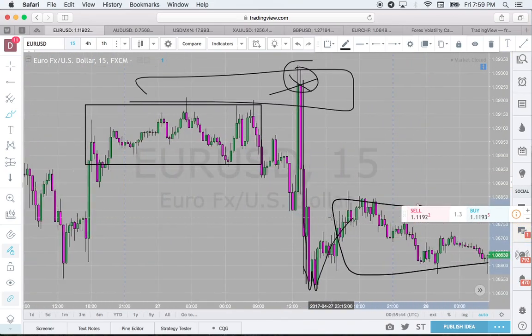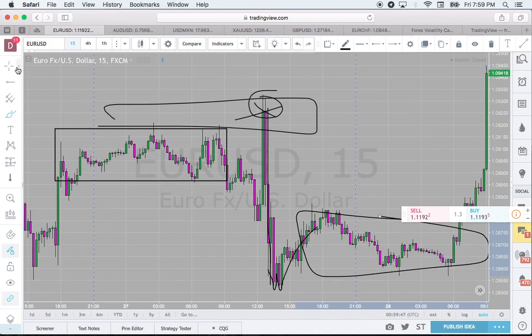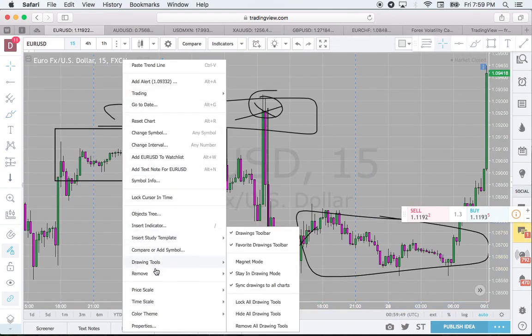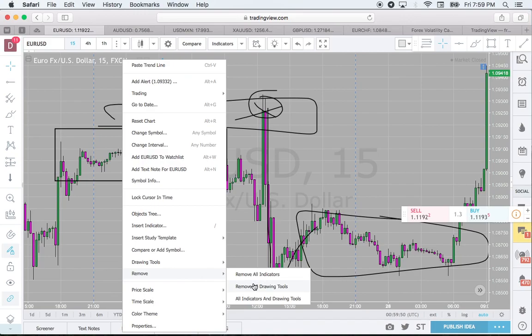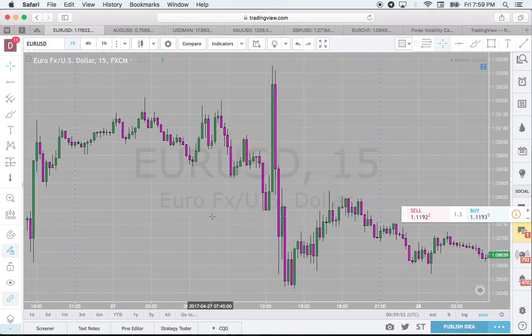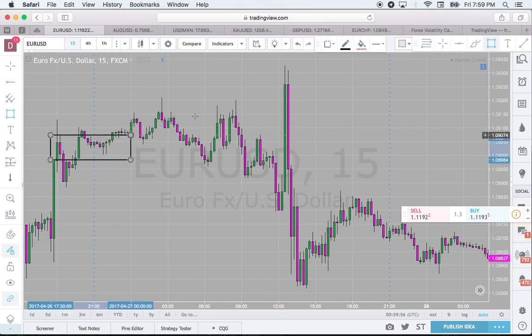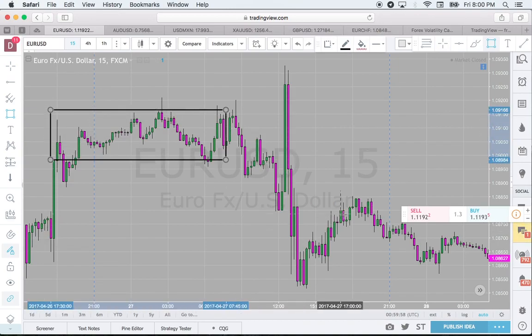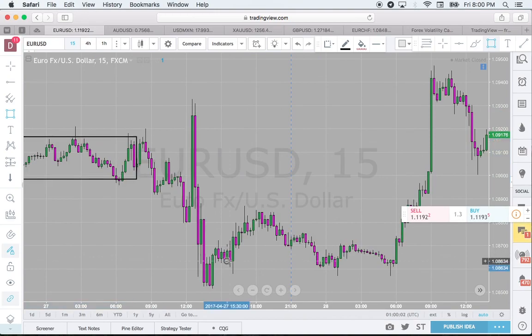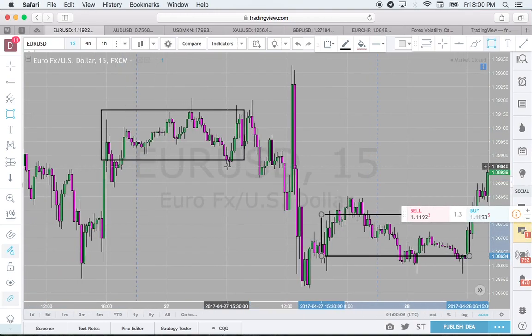So this is what I want you guys to see. The Asian session and the end of New York session consists of basically consolidation.